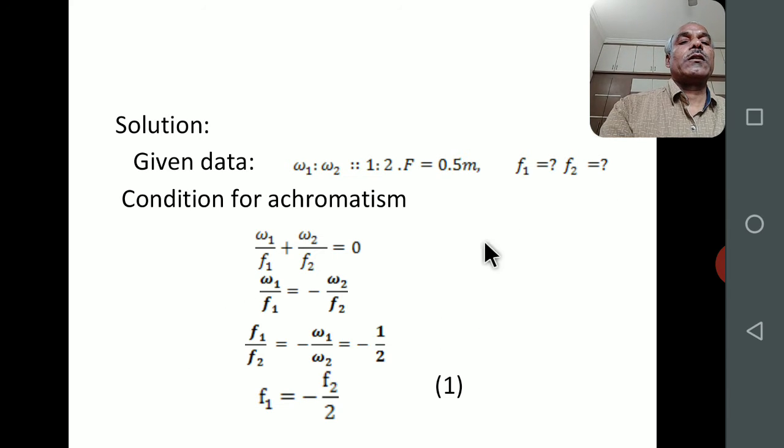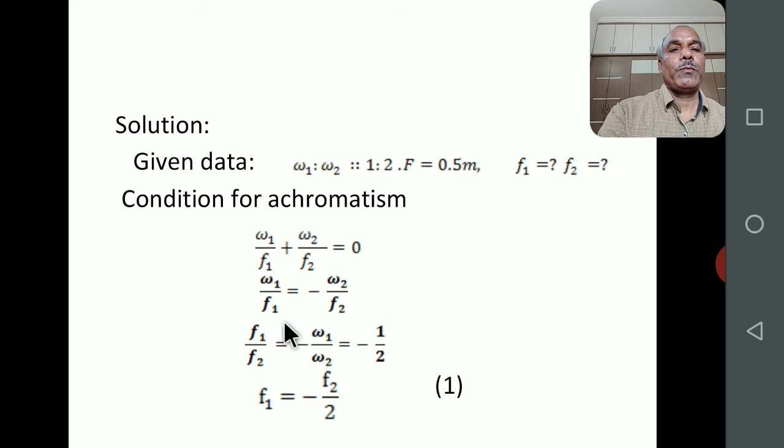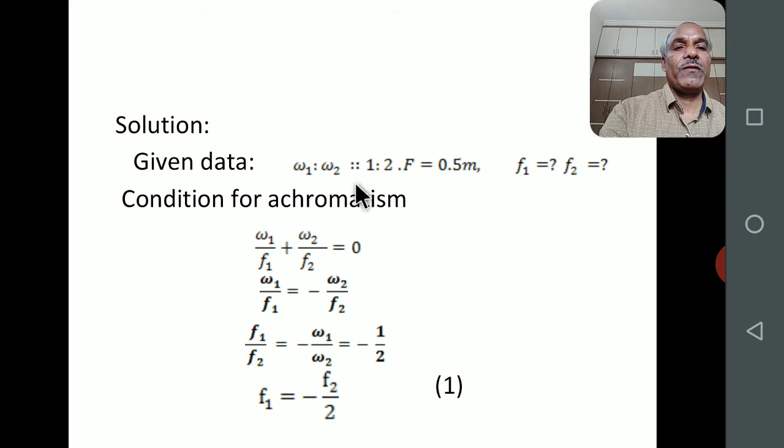We know that the condition for achromatism is given by omega 1 by F1 plus omega 2 by F2 is equal to 0. If you simplify this, you will get F1 by F2 is equal to minus omega 1 by omega 2.